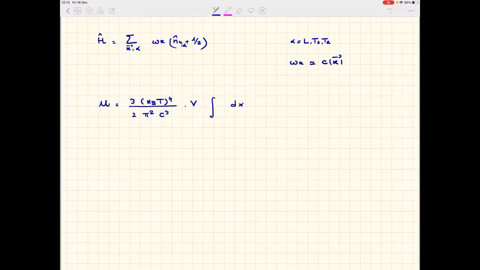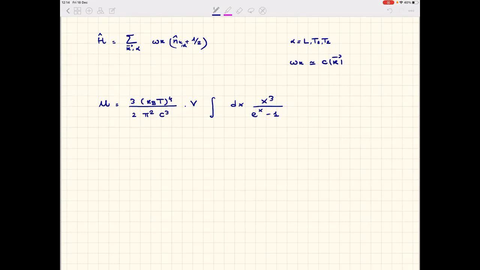Yes. Okay, so I was writing the integral dx x cubed over e to the x minus 1. So the story is exactly the same as for photons, with one little difference. When you have photons, you are dealing with a field that comes from the electromagnetic field defined in a continuum space.